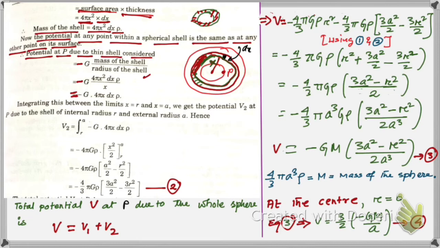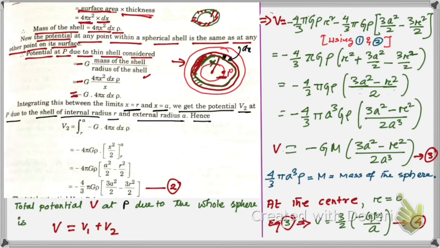Now, to get the potential at P because of the entire solid sphere, we need to integrate this from the radius r to a. From r to a, we get the potential V2 at P due to the cell of internal radius r and external radius a.